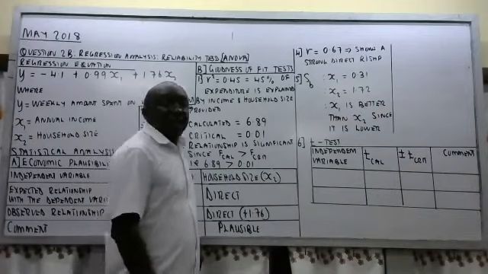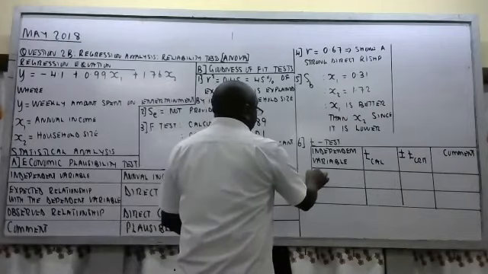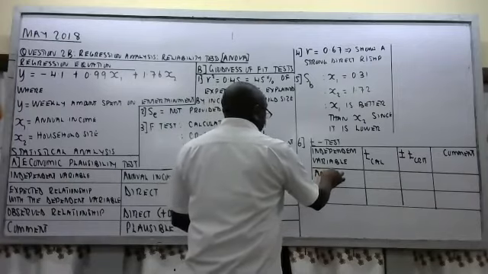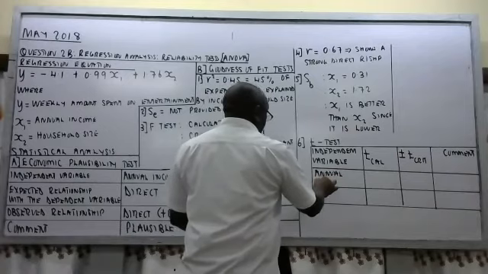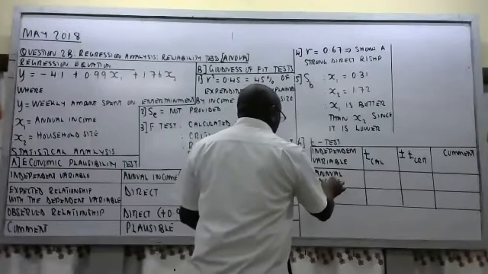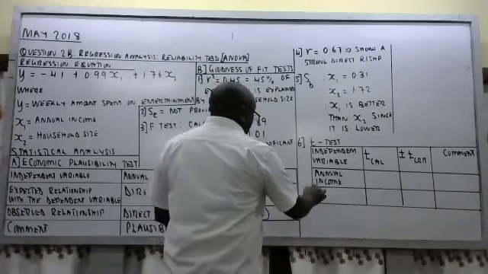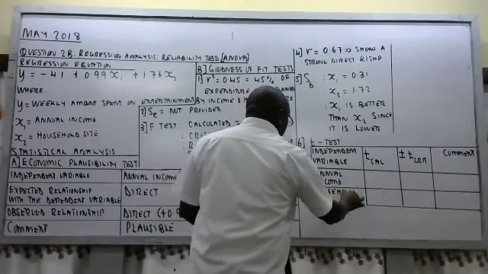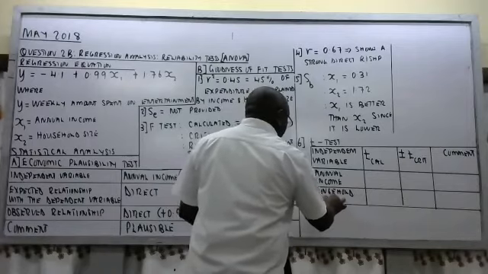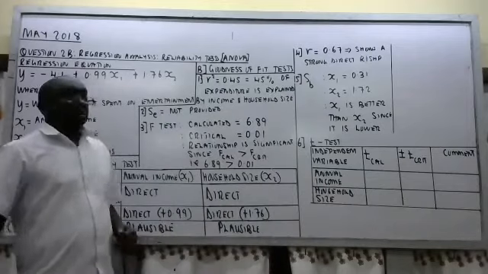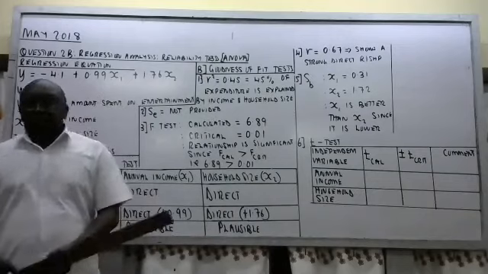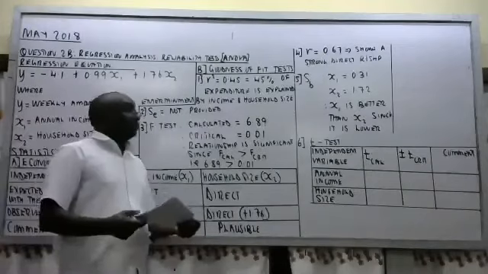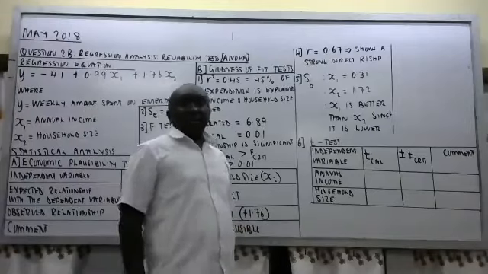So for the independent variables, we have the income, the annual income, and then we have the household size.